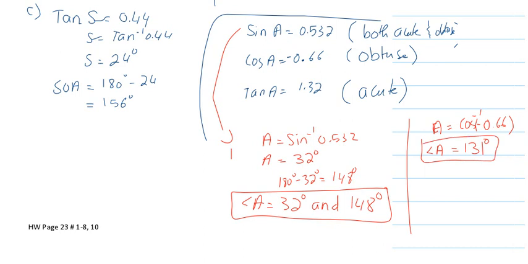Okay? And then for the last one, if you want to find angle A, you do tan inverse of 1.32. What do you get? 53 degrees. And that's what we thought, it's going to be an acute angle because it's a positive tan.